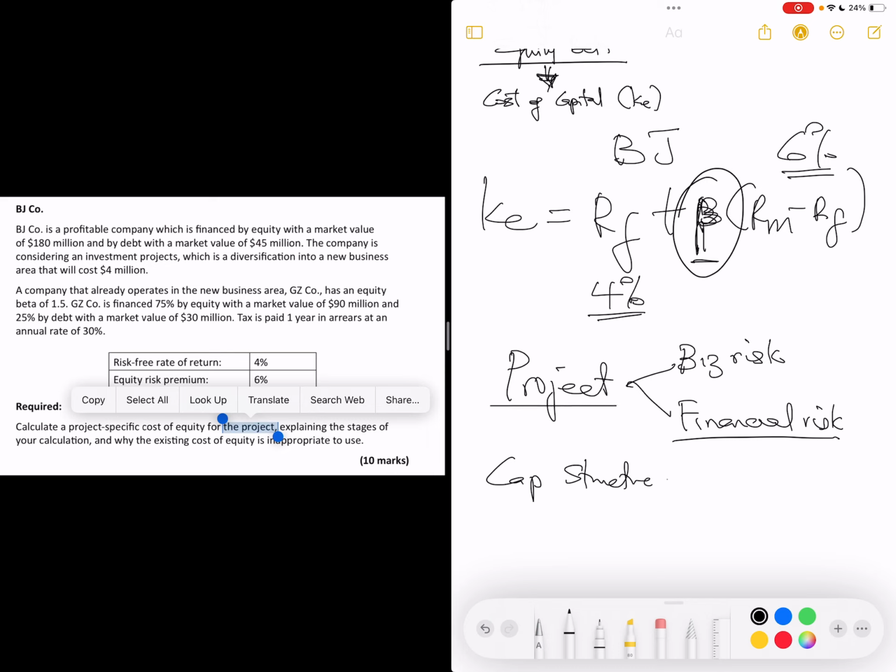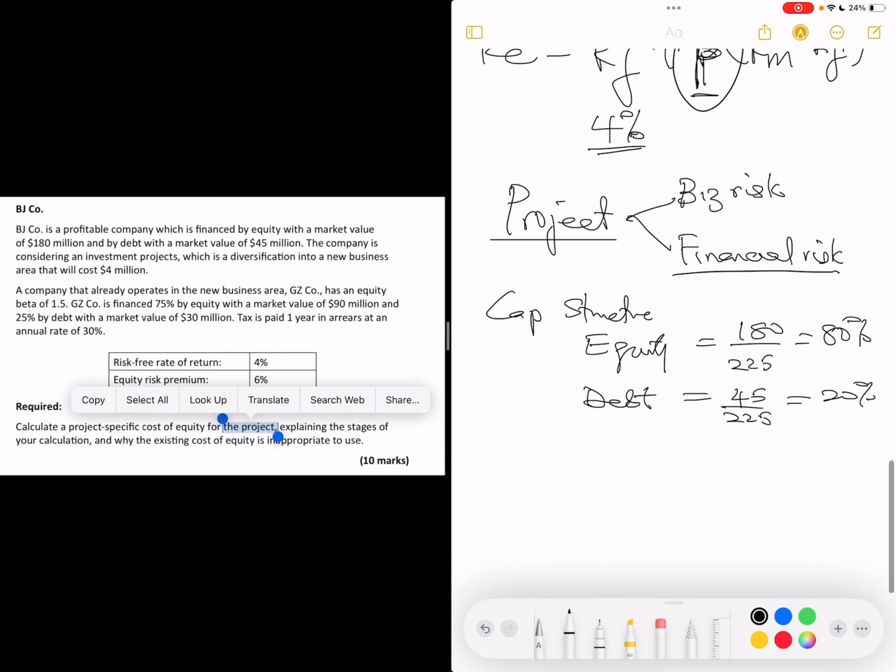So it's equity of 180 over 225, which is what percentage? 180 divided by 225. That's 80%. And debt is 45 over 225, which equals 20%.